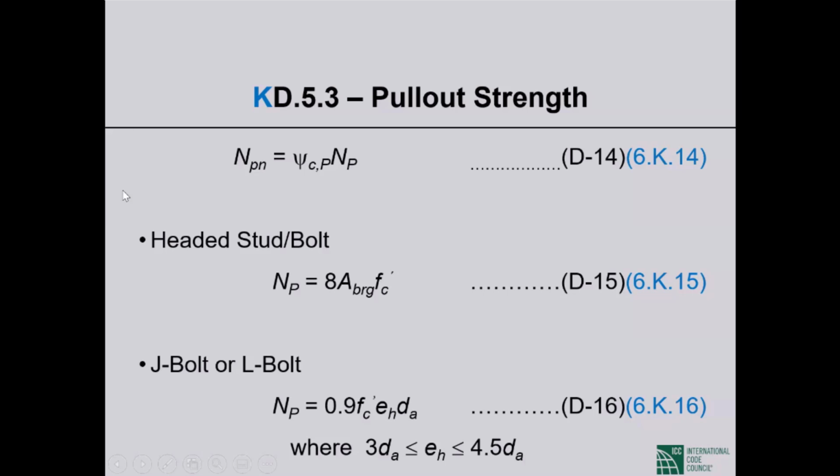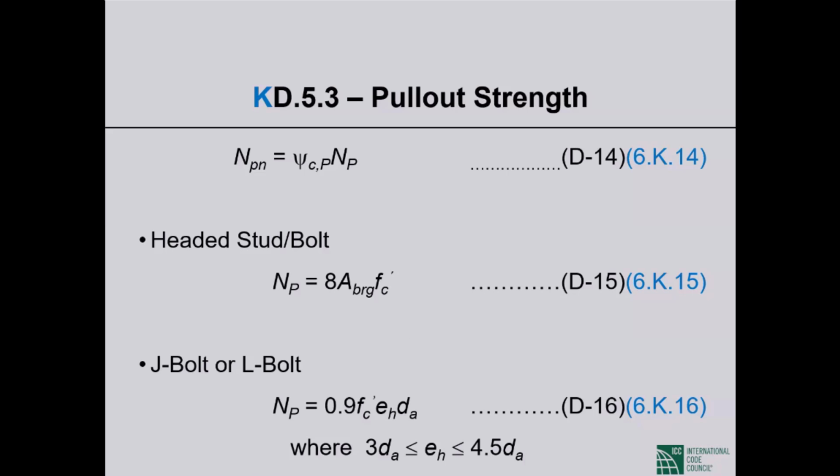The nominal pull-out strength is the basic pull-out strength multiplied by a factor, psi sub c,P, for concrete, pull-out. If it is a headed stud or headed bolt, the basic pull-out strength is 8 times the bearing area of the head of the anchor multiplied by f sub c prime.